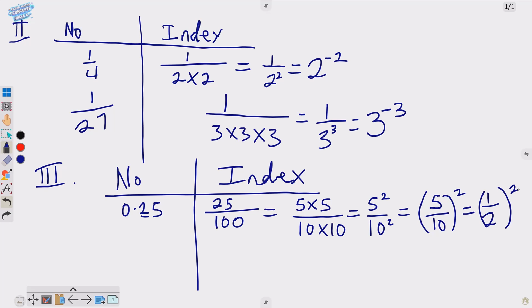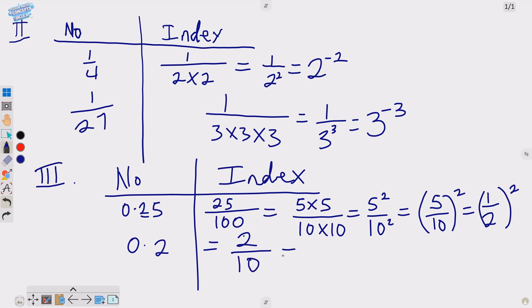So let's say you have 0.2. If you remove the decimal, you have 2 left. Now the decimal becomes 1. How many digits after decimal? 1.